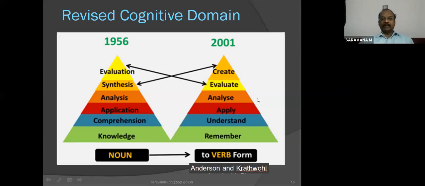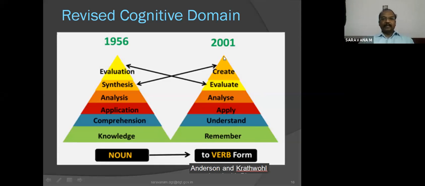For that purpose they introduced: remember, understand, apply, analyze, evaluate, and create. So these are the six revised components of the cognitive domain. The original was introduced in 1956, and this revised taxonomy was introduced in 2001.